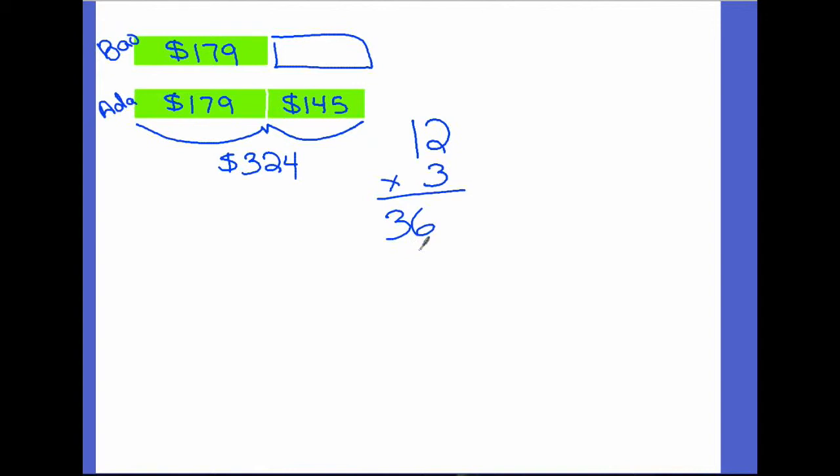What's half of 12? If you can't remember what half is, you could do this. 1, 2, 3, 4, 5, 6, 7, 8, 9, 10, 11, 12. And you want to say you have the same amount of dots on both sides? So you could do it that way to find out what halfway is.